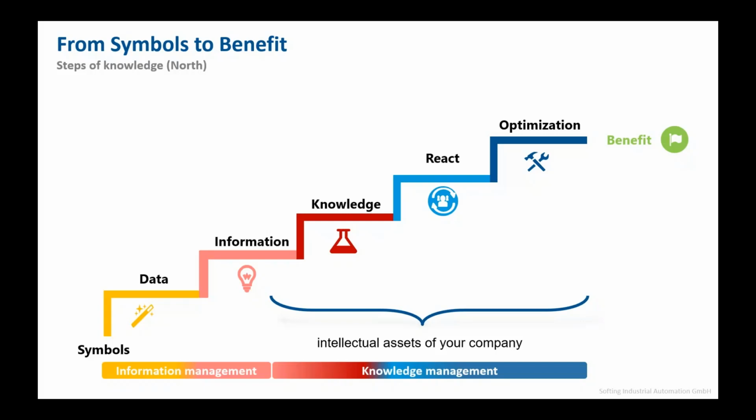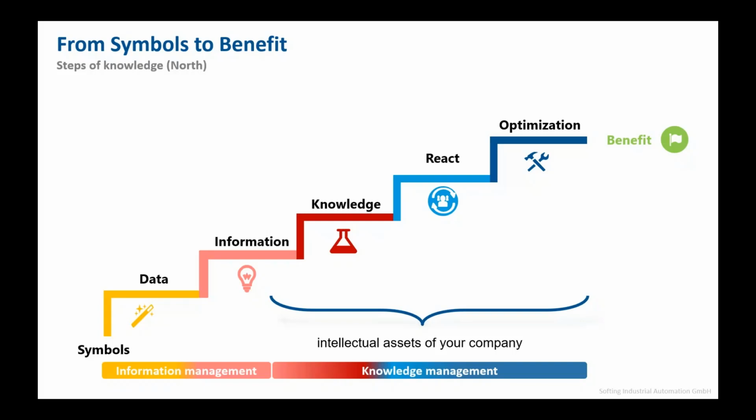So what is our main target here? We want to speed up this process, from where I get simple symbols or new information, to reacting extremely fast and bringing the optimization and the benefit as fast as I can to my plant, into my company.